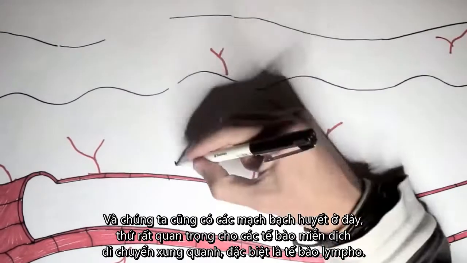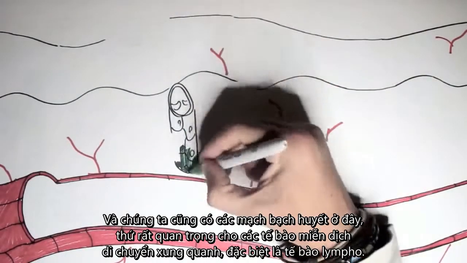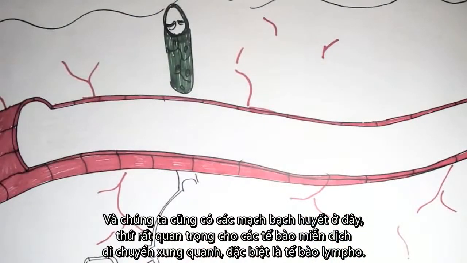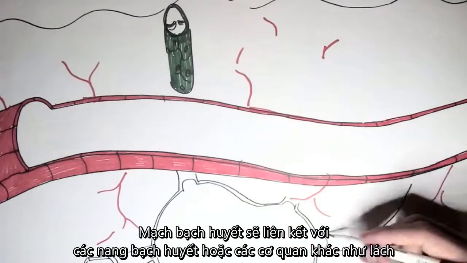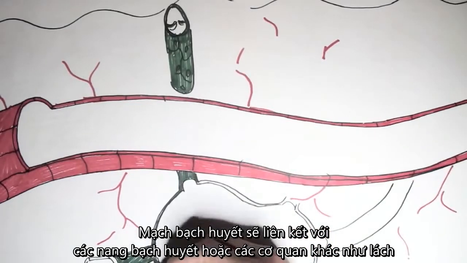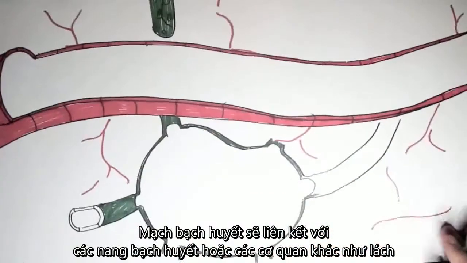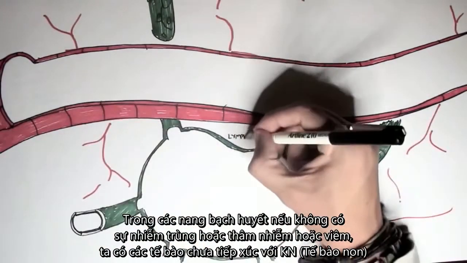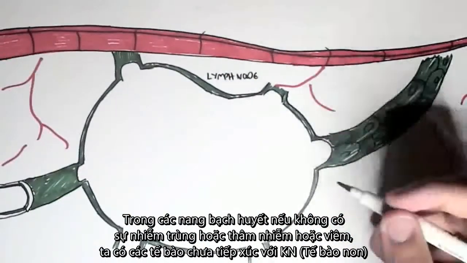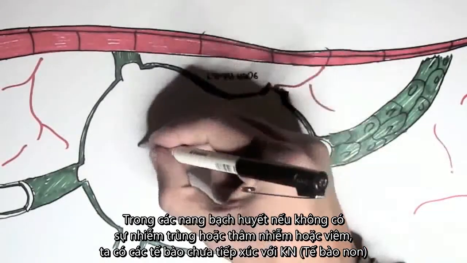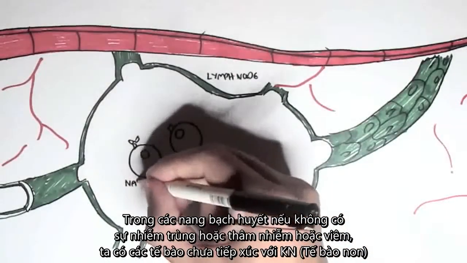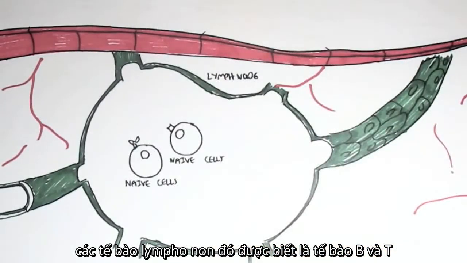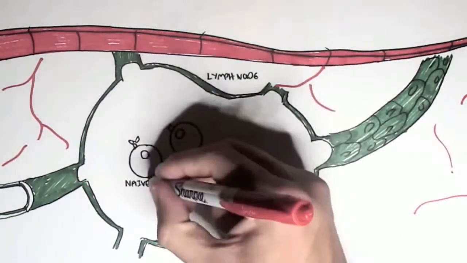And then we also have lymphatic vessels here, which are important for immune cells to move around in, particularly the lymphocytes. The lymph vessels all connect to what's called a lymph node or other organs such as the spleen. Within the lymph node, if there is no infection or infiltration or inflammation, we have the naive lymphocytes, known as the B and T cells.